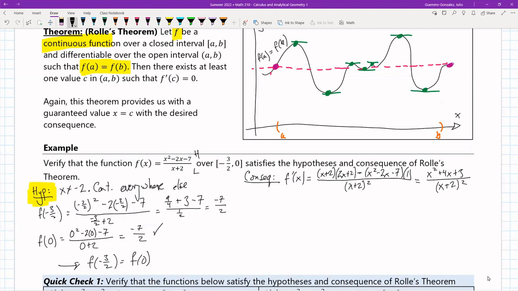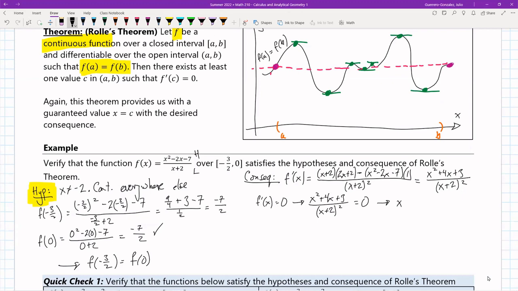So we have a derivative. We are now going to find where f prime of x is equal to 0. So that means x squared plus 4x plus 3 over x plus 2 squared has to be equal to 0. From the previous section, we know that if a fraction is equal to 0, that means the very top is equal to 0.